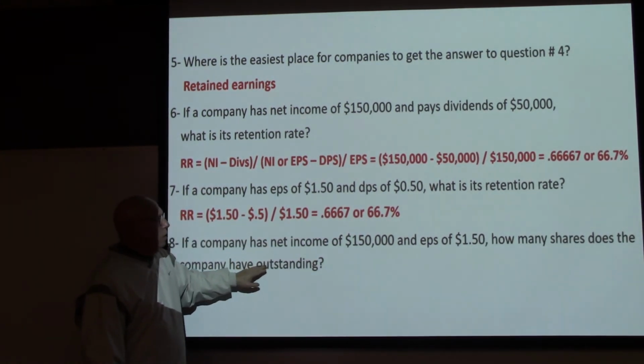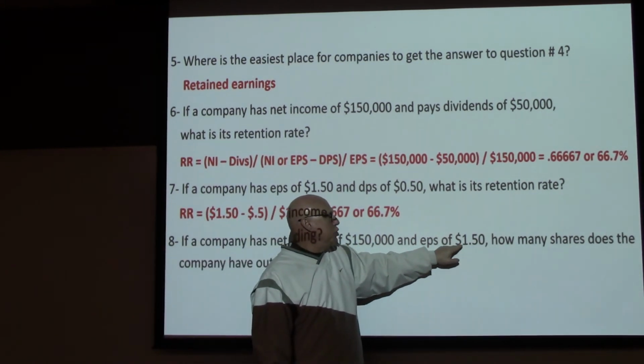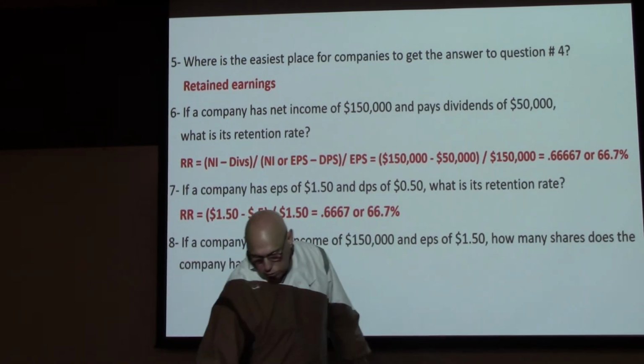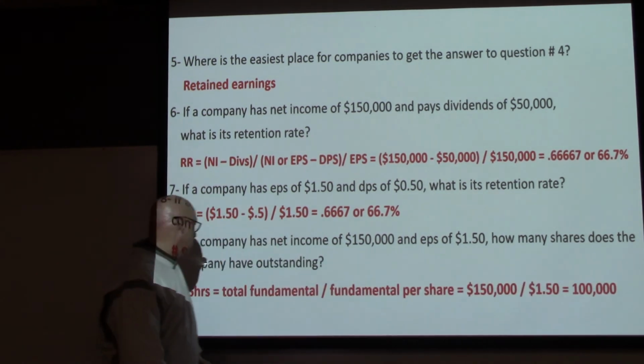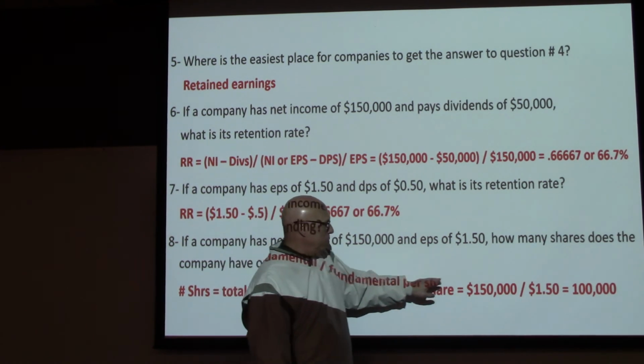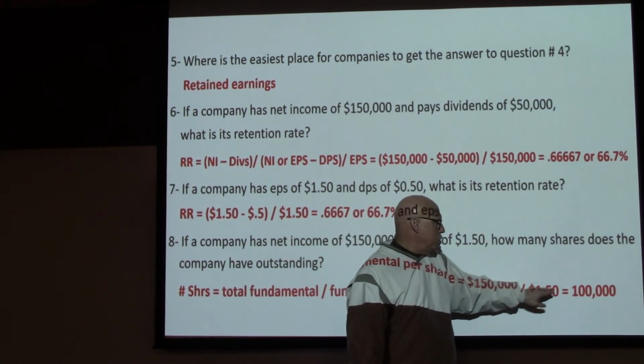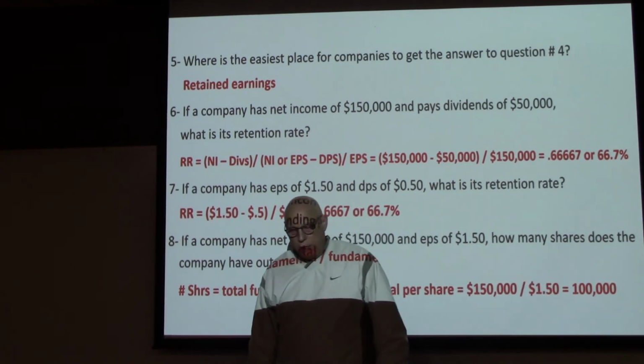And the formula is the total fundamental divided by the fundamental per share equals the number of shares. The number of shares, total fundamental, divided by the fundamental per share, 150,000 net income, divided by $1.50 earnings per share, equals 100,000 shares outstanding.